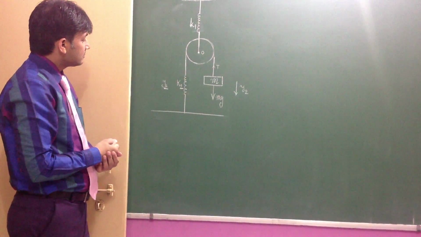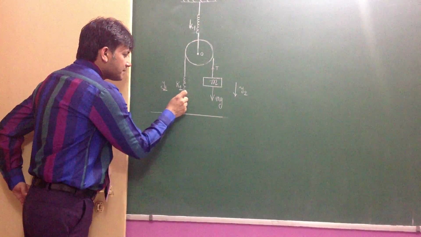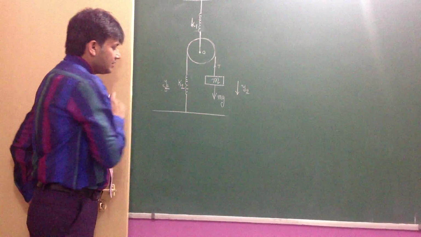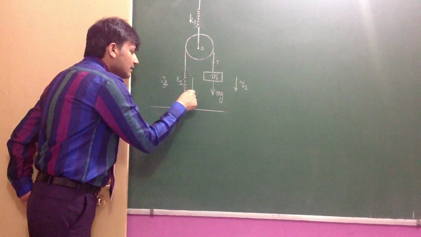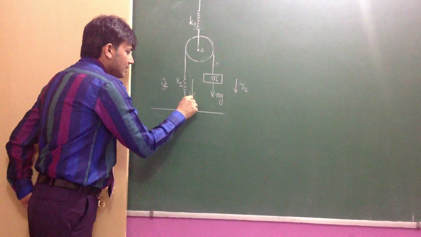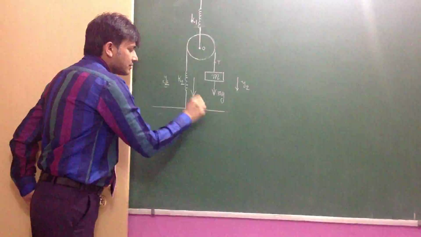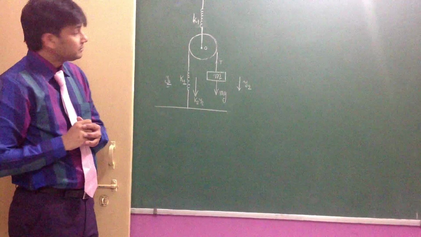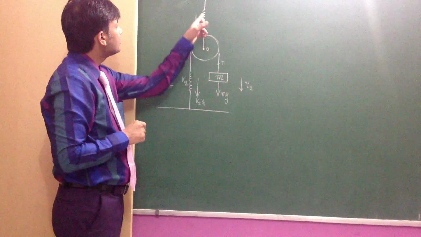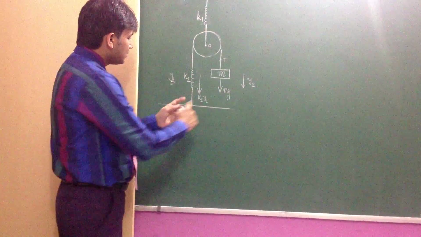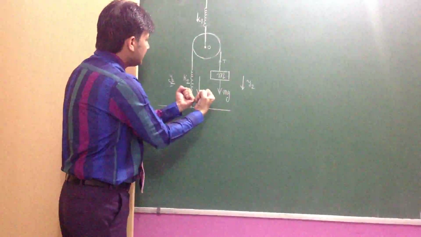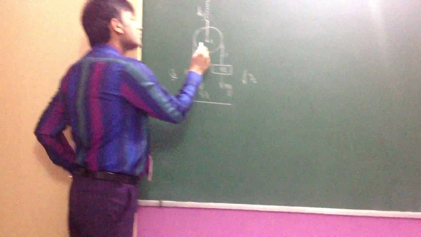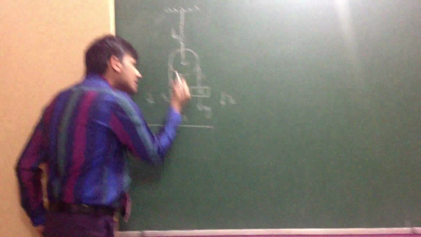Now, as the length of this spring has increased by y2, some restoring force will be produced in the downward direction, and that is K2y2. Now, what happens about this spring 1? These two forces are pulling the system in the downward direction. That's why this point O will come down.